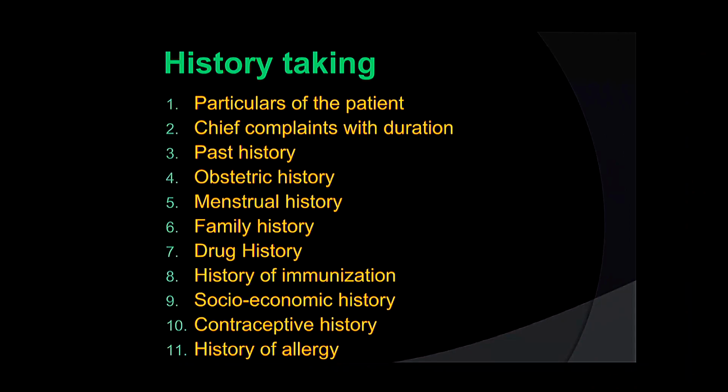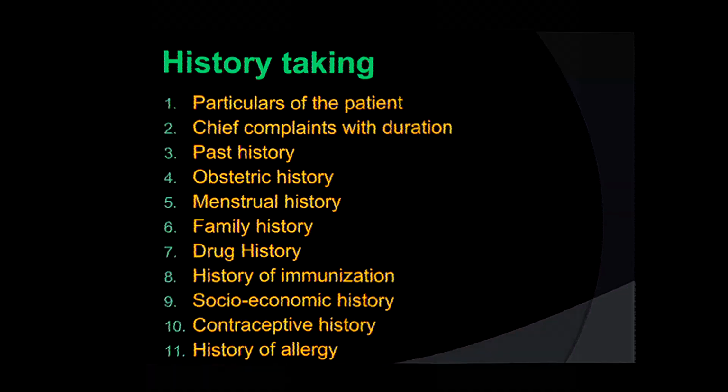The history collection includes particulars of the patient, chief complaints with duration, past history, obstetrical history, menstrual history, family history, drug history, history of immunization, socio-economic history, contraceptive history and history of any allergy.